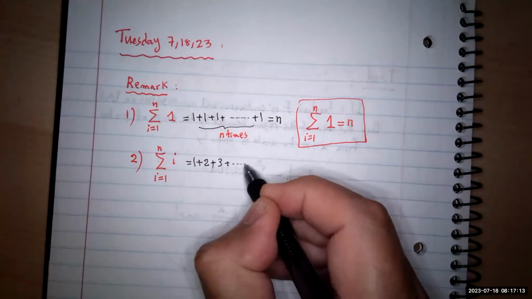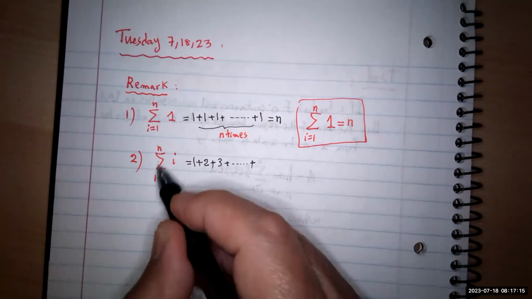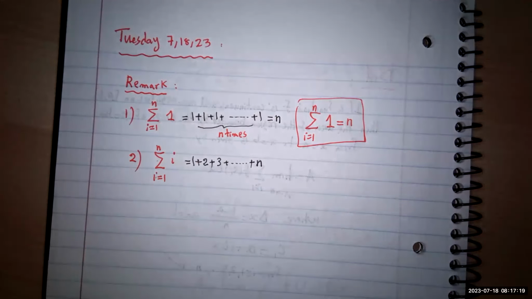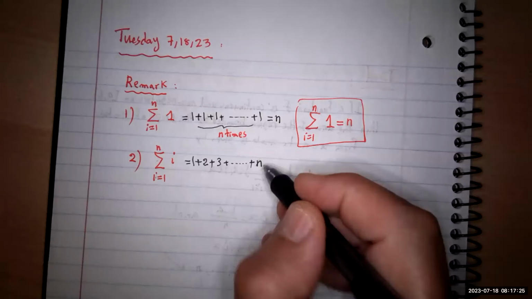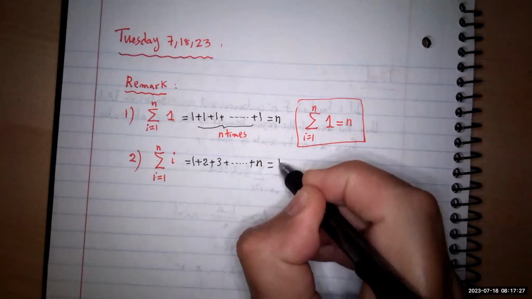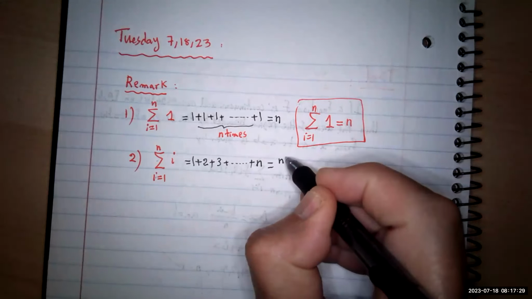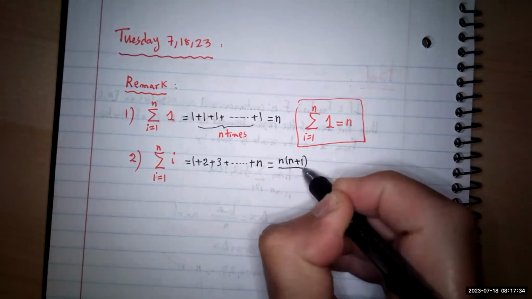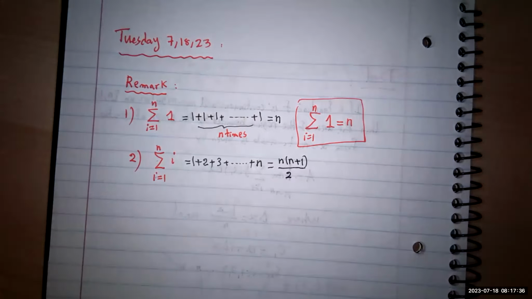And you keep going. The last one is you replace the i by n, so that gives you n. They call it the sum of the n positive integers. And this is going to be equal to n times n plus 1 divided by 2. Very popular formula.